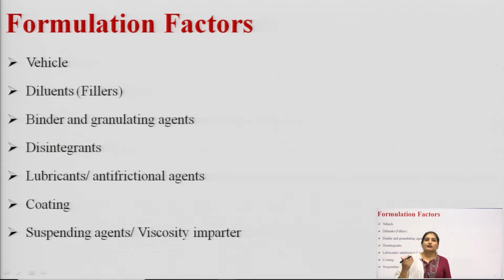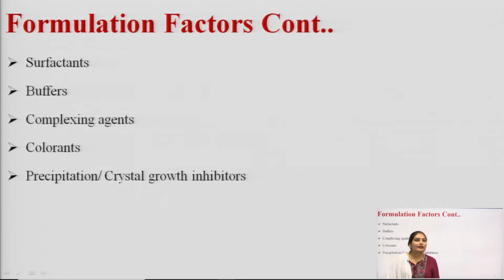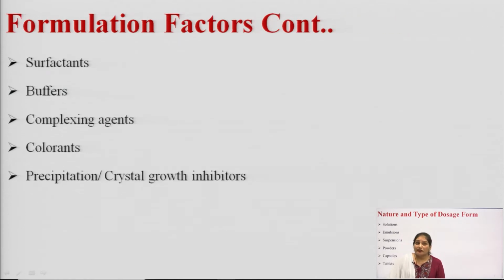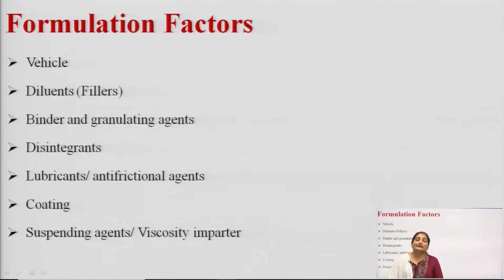The formulation factors include vehicle, diluents, binder and granulating agent, disintegrants, lubricant and anti-frictional agent, coating, suspending agent, viscosity imparters, surfactants, buffers, complexing agent, colorants, precipitation or crystal growth inhibitors. These are the formulation related factors that can affect the drug dissolution, and ultimately they will affect the absorption of the drug.